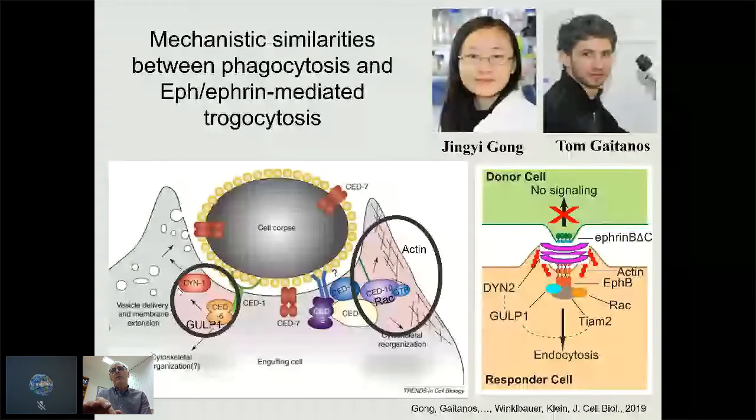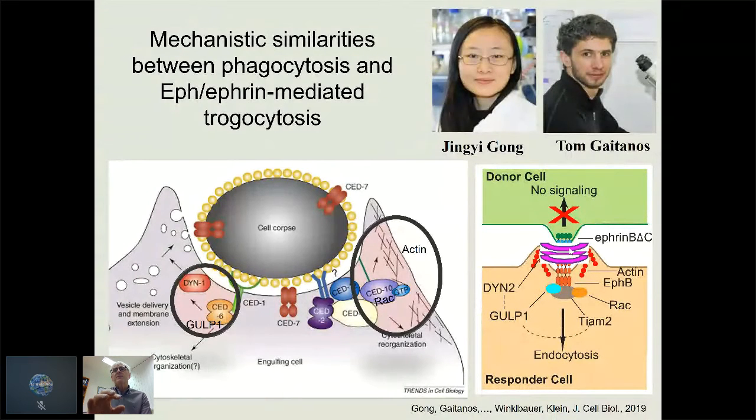We basically make the point that the miniature-sized trogocytosis that you see happening between an ephrin cell and an Eph cell activates similar signaling pathways that are activated on a much bigger scale when a cell engulfs a dead cell corpse.